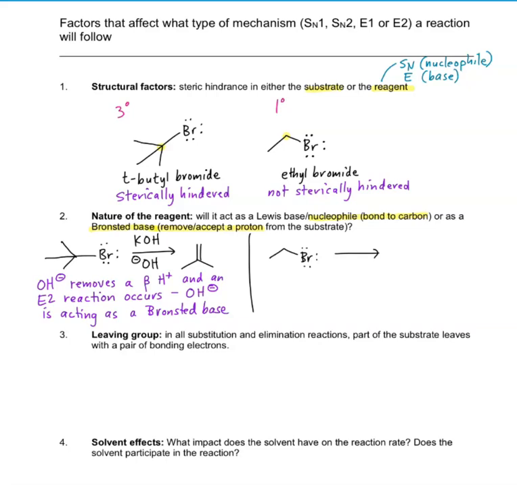So now we're going to take ethyl bromide and treat it with KOH. And again, it's the hydroxide ion that's the business end of this. The result you get here is this one, where the OH has replaced the bromine. So here, hydroxide ion attacks carbon and replaces bromine.